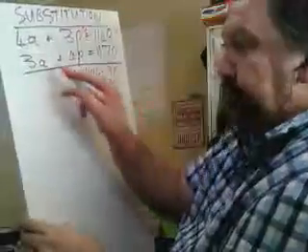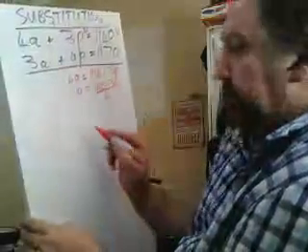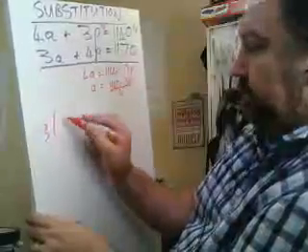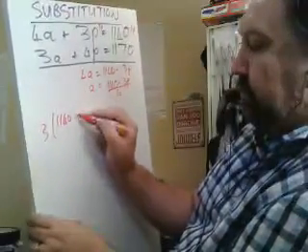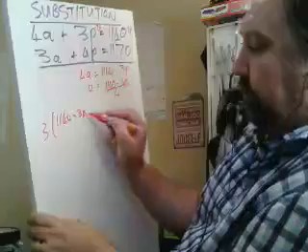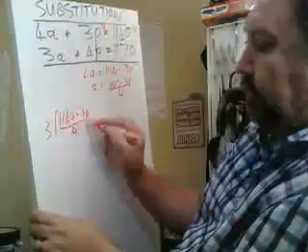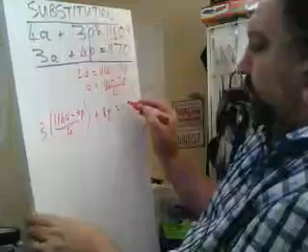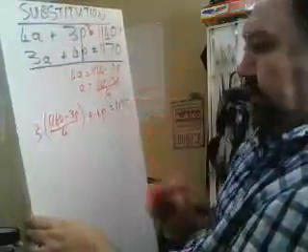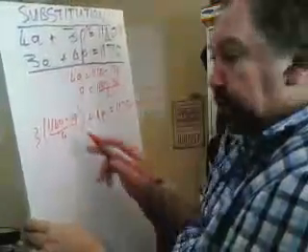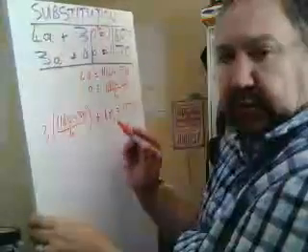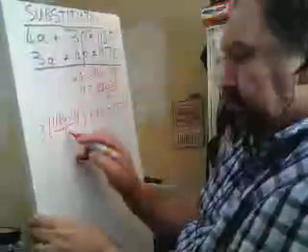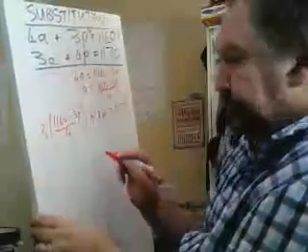Now we're going to substitute this into the second equation. So 3 times 1140 minus 3p over 4 plus 4p is equal to 1170. Okay, we could work with 3/4 and everything, but I'm just going to multiply everything by 4 to cancel this 4.